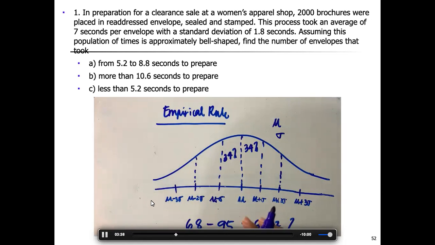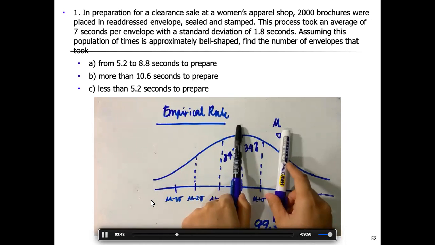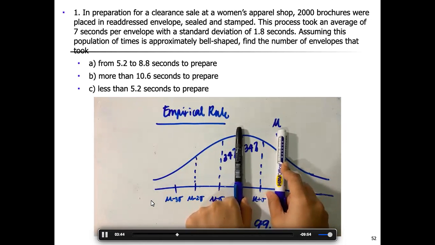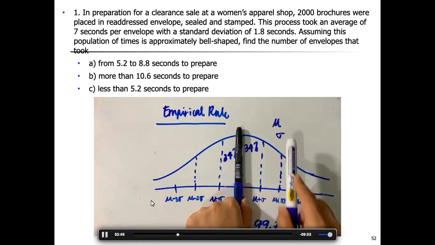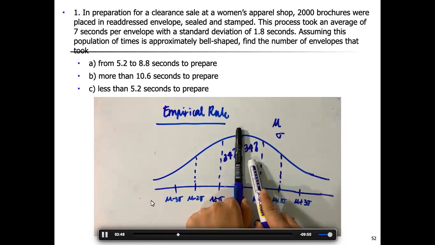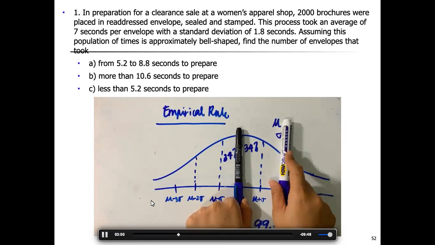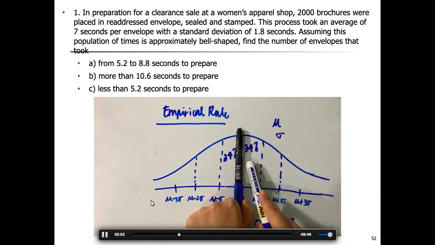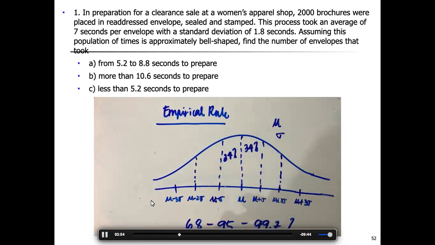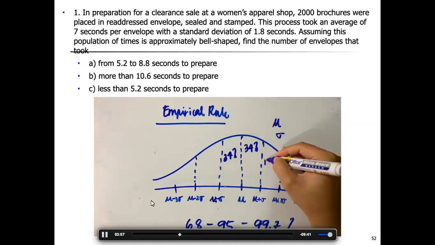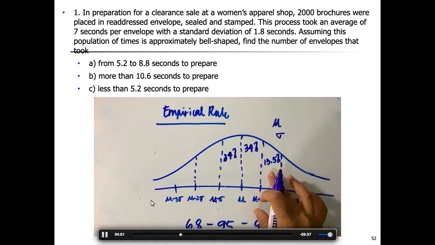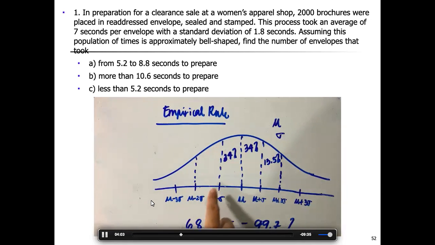This region, two standard deviations above the mean, will be equivalent to 47.5%. But I already have 34%, so the 47.5% minus the 34% will give me the remaining part here, which is equal to 13.5%.